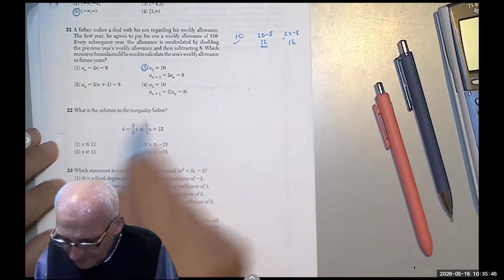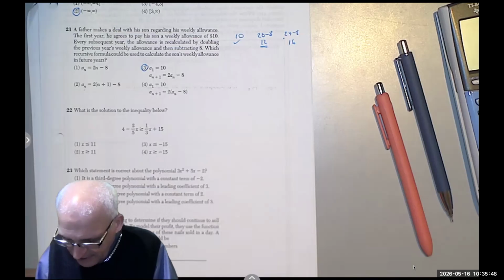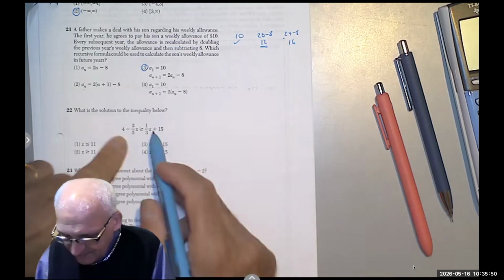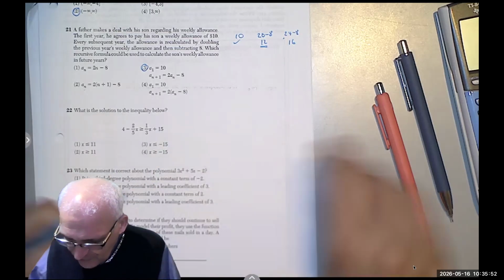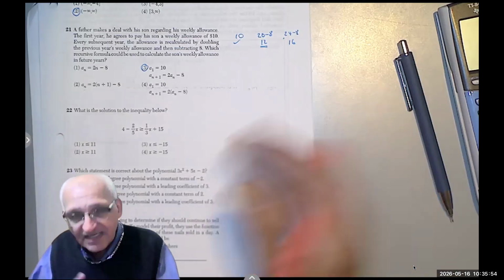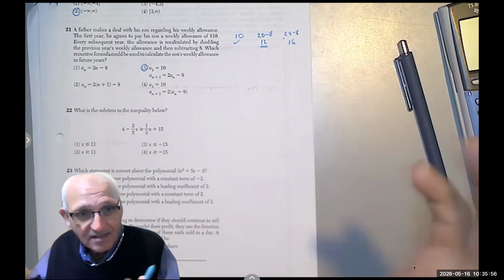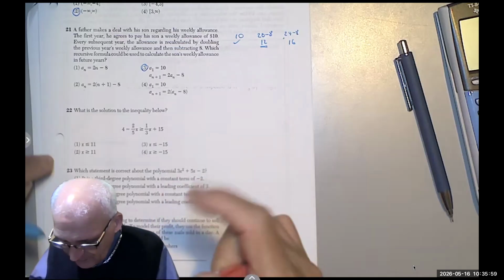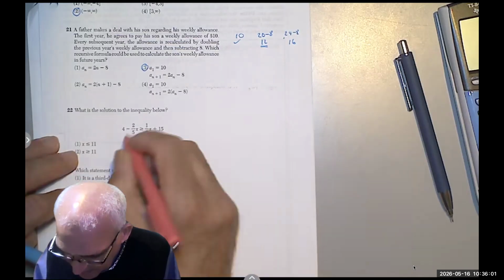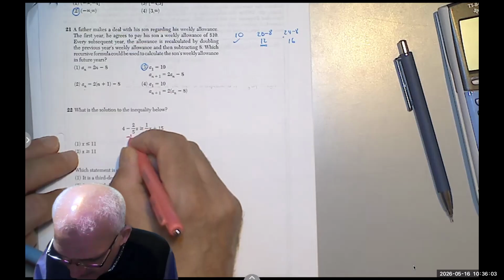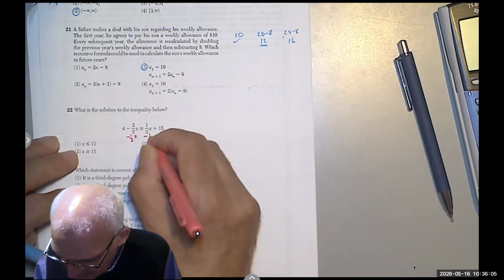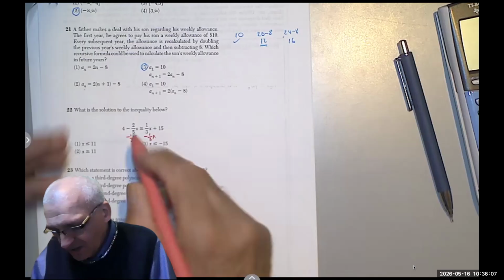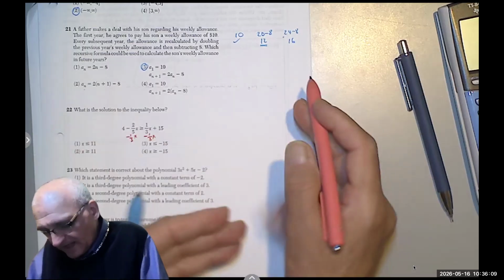What is the solution to the inequality below? Well, you have an inequality. So first of all, we have to have the x's alone and the numbers alone. So for example, I can subtract 1/3 x from both sides, or add 2/5 x to both sides.